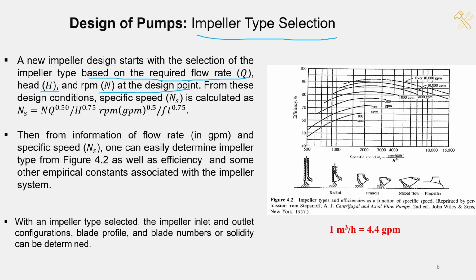In other words, you have to know the flow rate, the head, and the rotating speed. This is the rotating speed, this is the head of the pump that you want to get, and this is the volumetric flow rate. You have to know all three to be able to select an impeller.